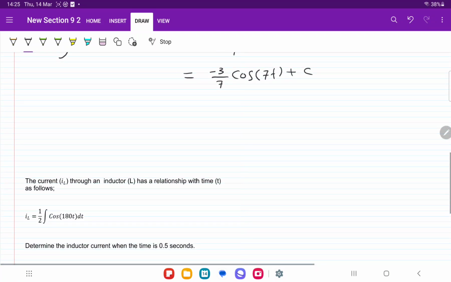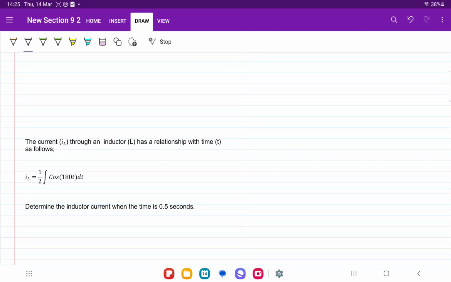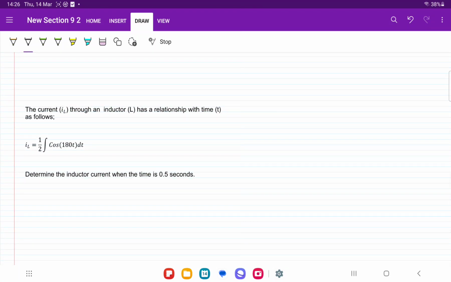Here is an example, an application of engineering. The current IL through an inductor L has a relationship with time t as follows. The formula is IL equals 1 over 2 times the integral of cosine 180t dt.